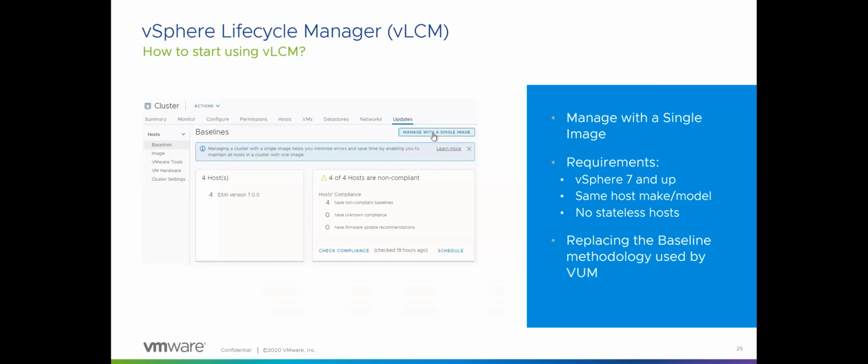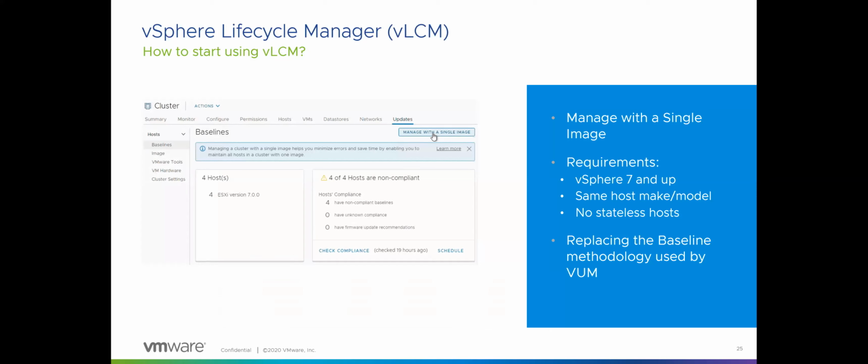Now, like I just said, how to start using VLCM. If you upgrade or install vSphere 7, you will still be using VUM, vSphere Update Manager. This is what you see in this UI screenshot as well. On the left-hand side, you see hosts and you see baselines. That is the baseline methodology used by VUM.